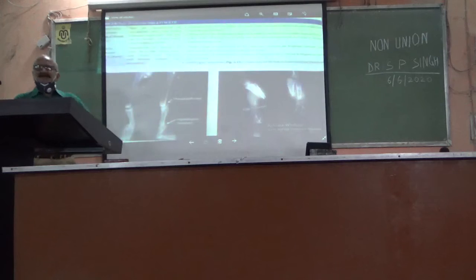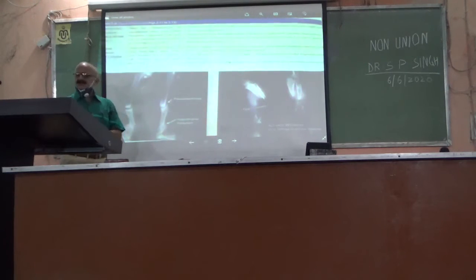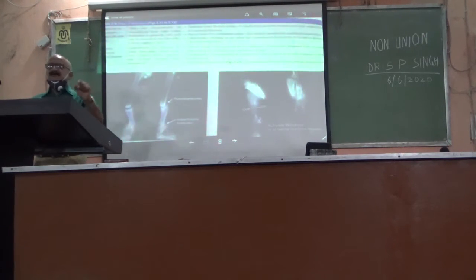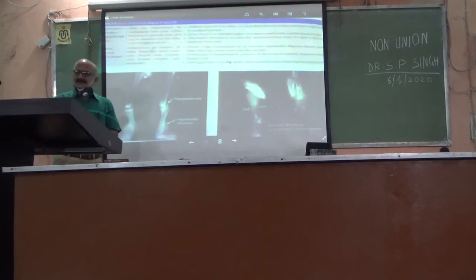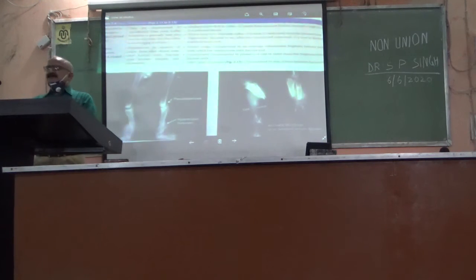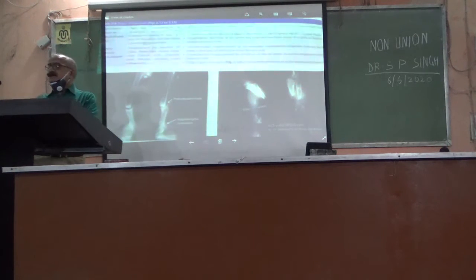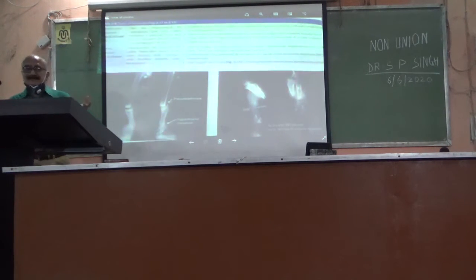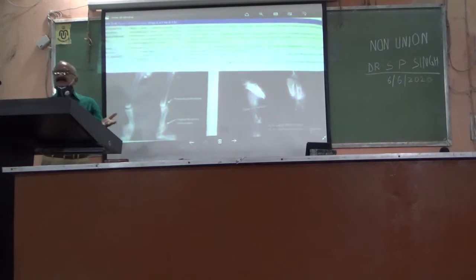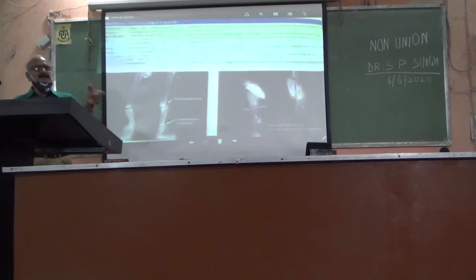So this type of fracture was labeled, non-union was labeled as hypertrophic non-union. Hypertrophic non-union का क्या मतलब हुआ कि there is enough of callus, at times more than desirable callus, but it failed to make a bridge.